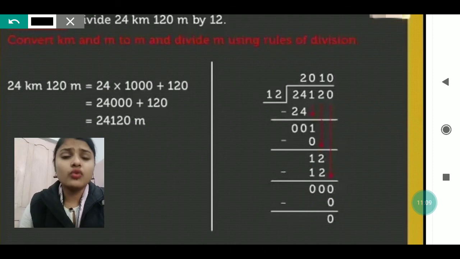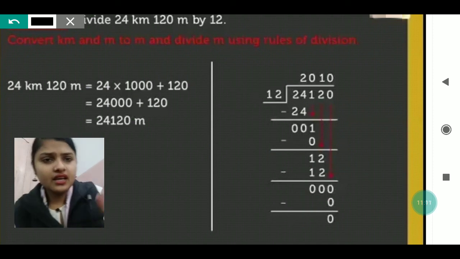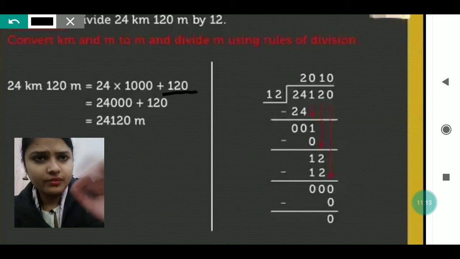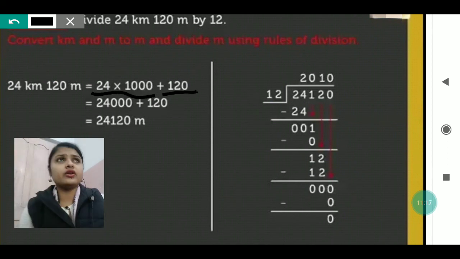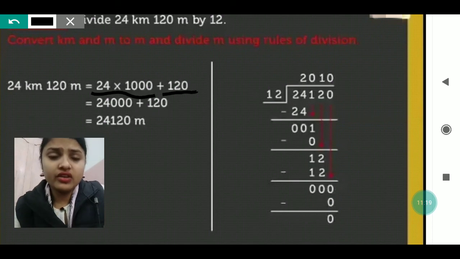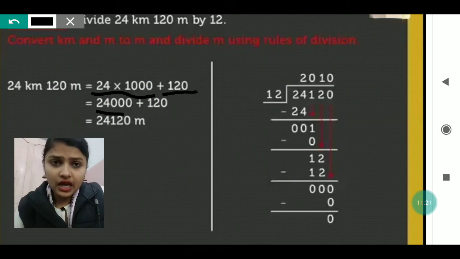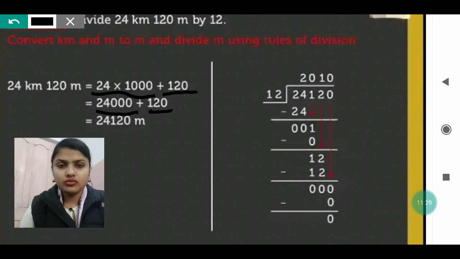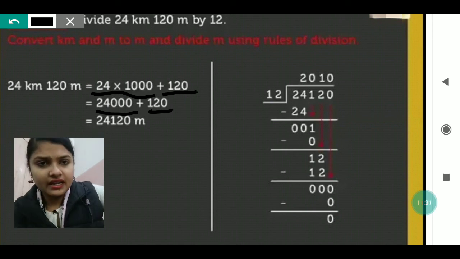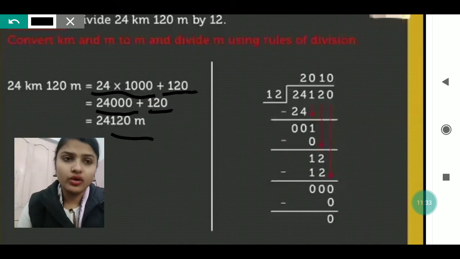Multiplying 24 by 1000 gives 24,000, and adding 120 we get 24120 meters. That 24120 meters you have to divide by 12.